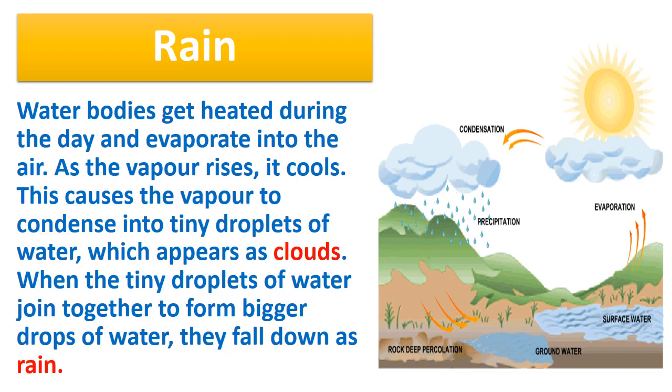Now your next topic is rain. You are familiar with this word rain, right? So let us go back to the question of how clouds are formed and bring us rain. What happens? Water bodies get heated during the day. Then after getting heated they evaporate into the air.